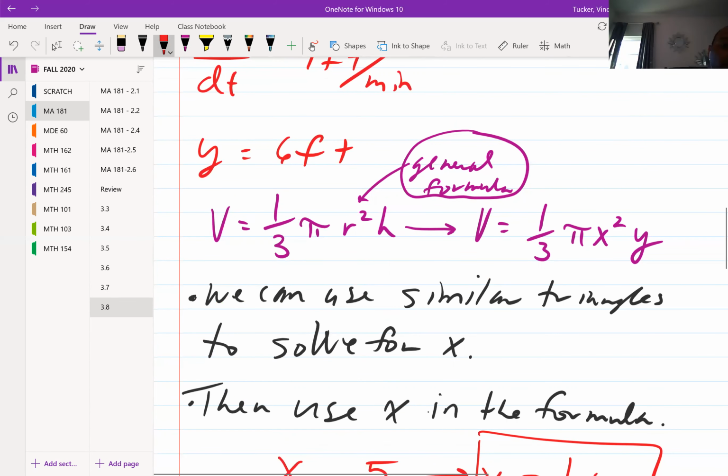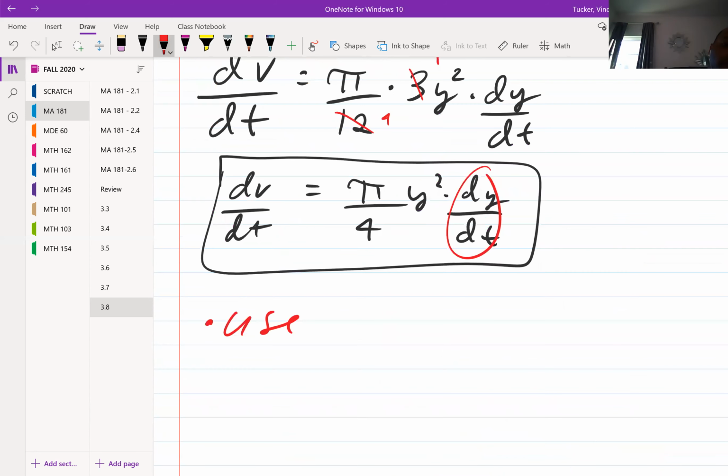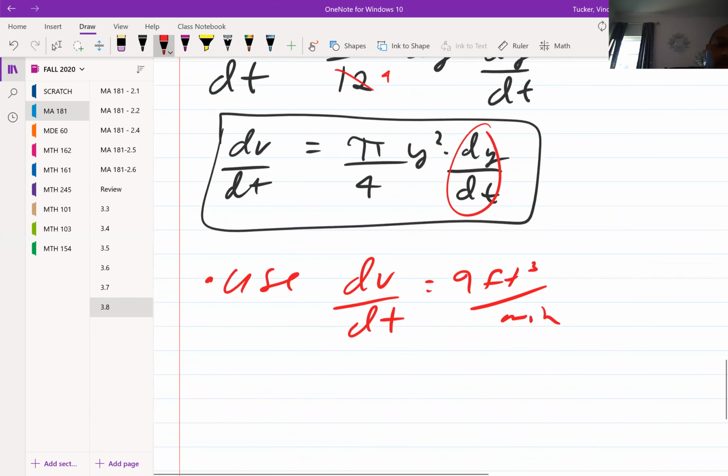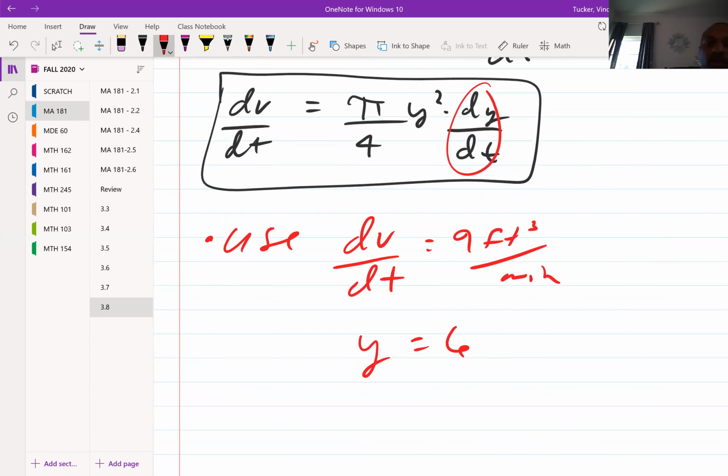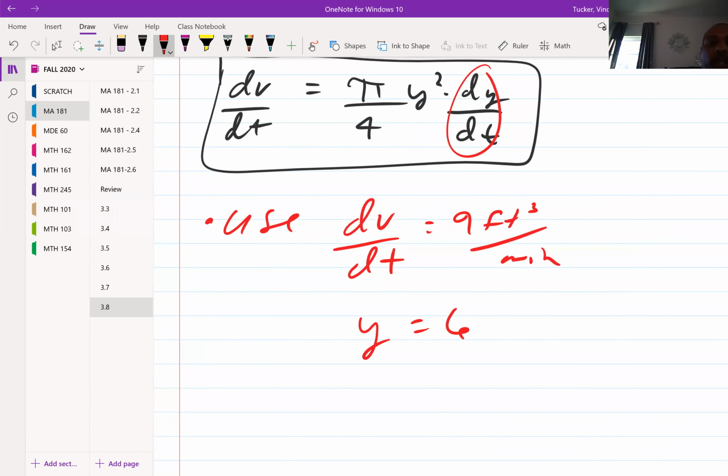So now what we can do is use dV/dt, which is 9 cubic feet per minute, and the fact that y was equal to 6. So if dV/dt is equal to 9 and is equal to this quantity, that means I can set both of those equal to each other.